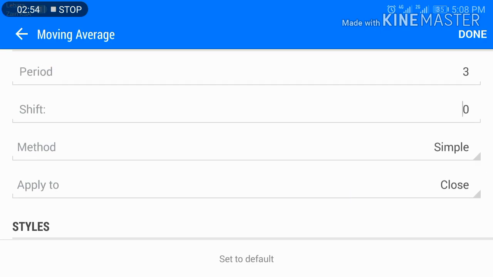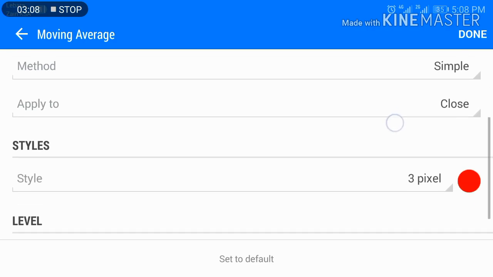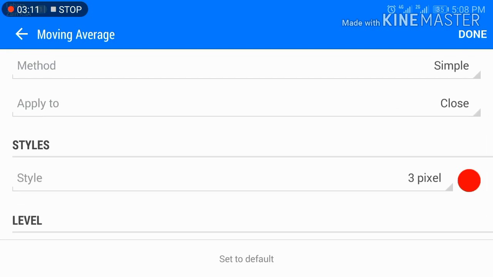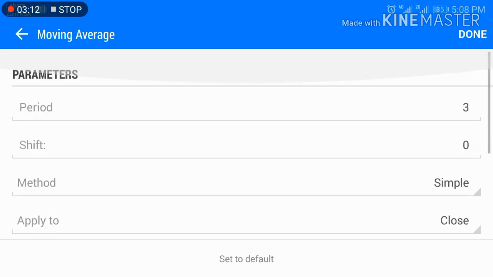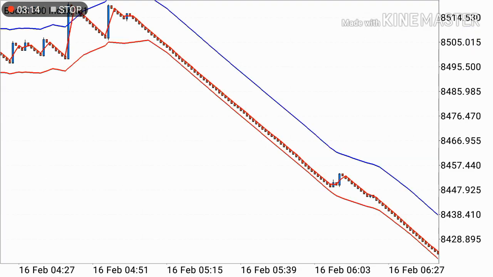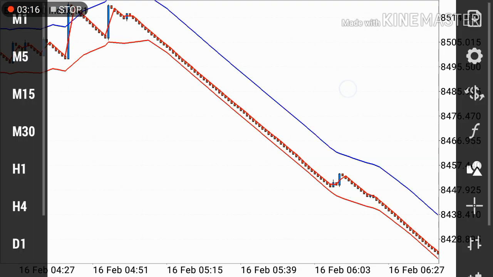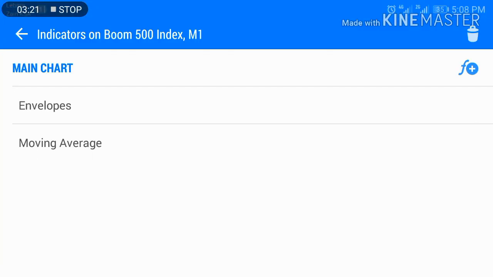No levels, no shift, then done. The setting is the same whether you are using a laptop or a phone. Follow my step instructions and set up the strategy.